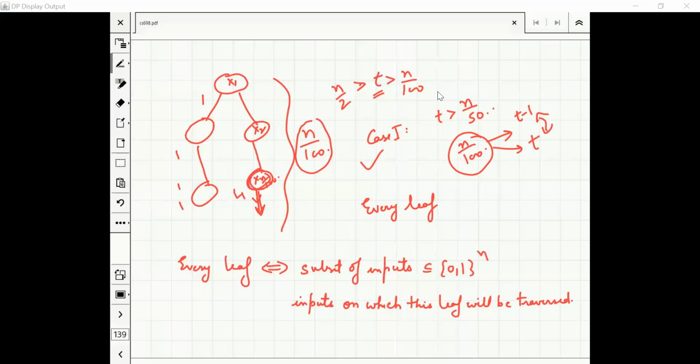And then I can't say a cumulative property, right? So even in that case, actually, it will turn out that we can make a comprehensive argument, but the simple argument won't. The simple argument we want to say is that every leaf is answering incorrectly on constant fraction of inputs. That will only work when t is more than n by 50.